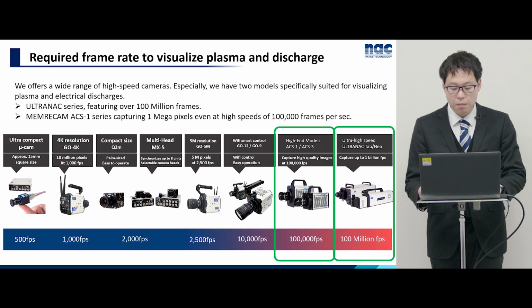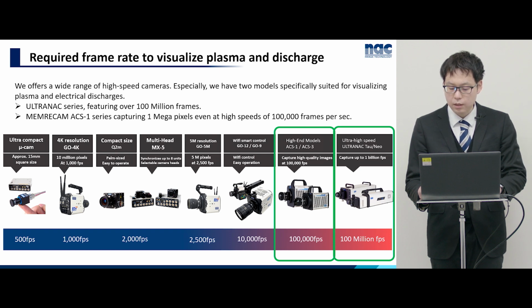Our high-speed camera features a lineup ranging from hundreds to 1 billion frames per second. Our latest camera, HS1, has high-speed performance exceeding 1 megapixel at 100,000 frames per sec. Additionally, we develop and manufacture the Ultra-NAC Tau in our domestic factory.